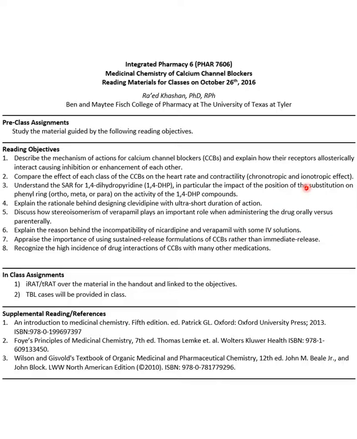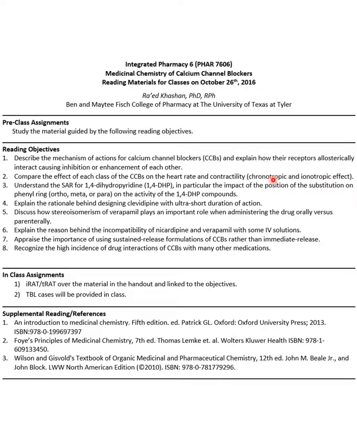and the contractility. Basically, the chronotropic, which is the heart rate, and the inotropic effect, which is the force of the heart. As you will see, verapamil and diltiazem are able to decrease the contractility and the heart rate, basically.